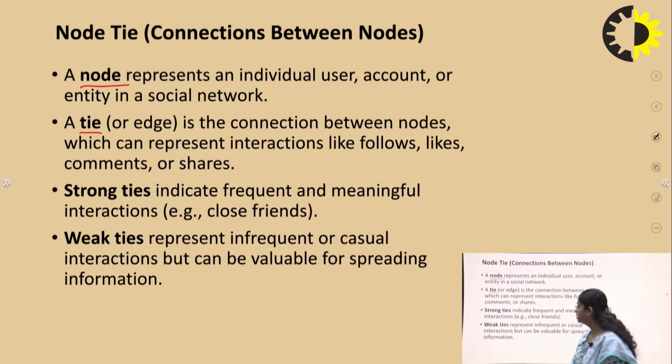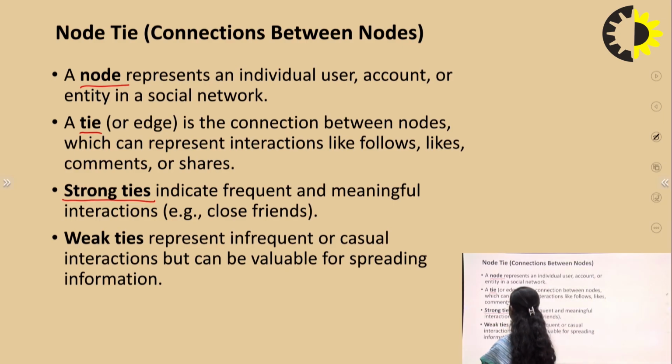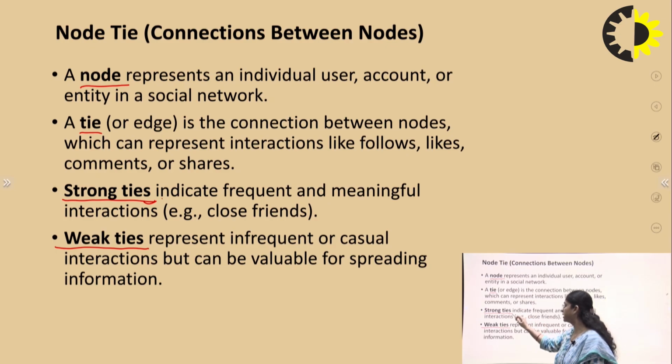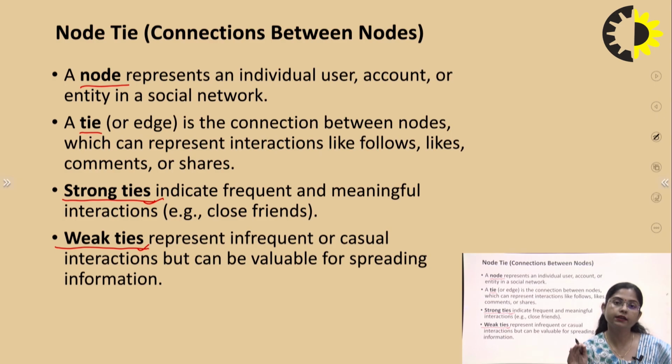Both are important for social media analysis, especially when the particular node is an influencer. Some people are very social, so the influencer can connect directly through the strong tie, but some people are not that social, which we will also study in snowball and other topics.